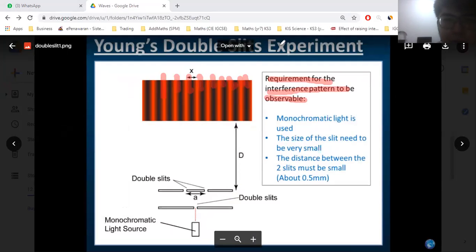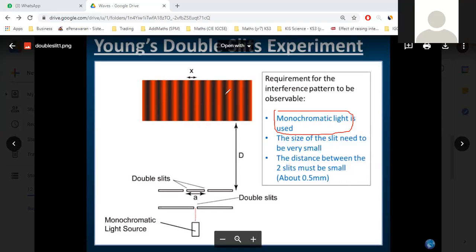First, you have to make sure you use a monochromatic light. If you use normal light, then you won't see it, because normal light has many different frequencies, and it will lose energy, so you cannot see the bright and dark fringes.